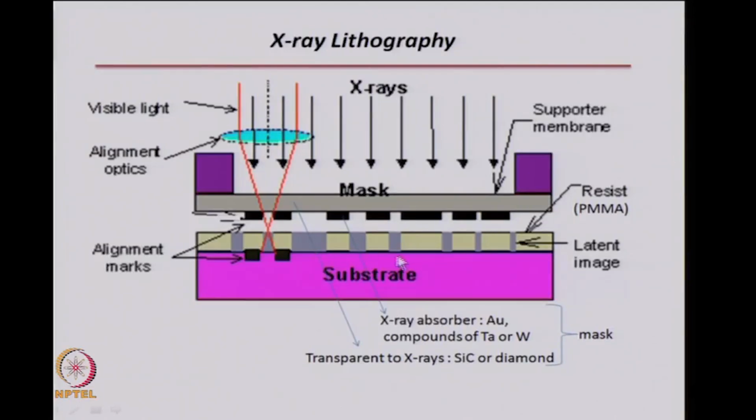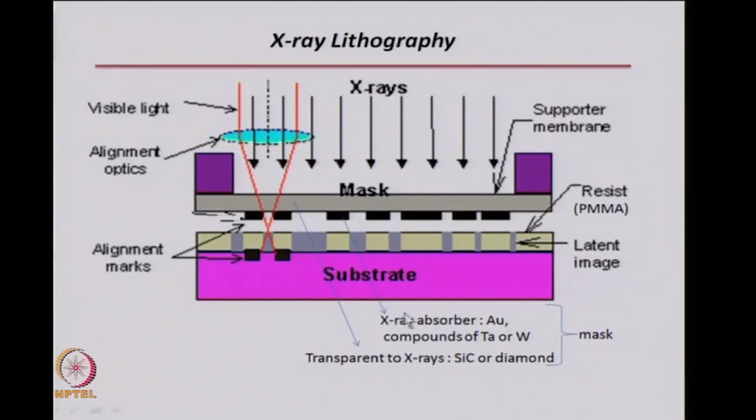So, this film on the substrate is typically a polymer like PMMA we call, it is used very commonly in many photoresists. So, what you have is your X-rays falling on the mask, and the mask is made up of two parts.